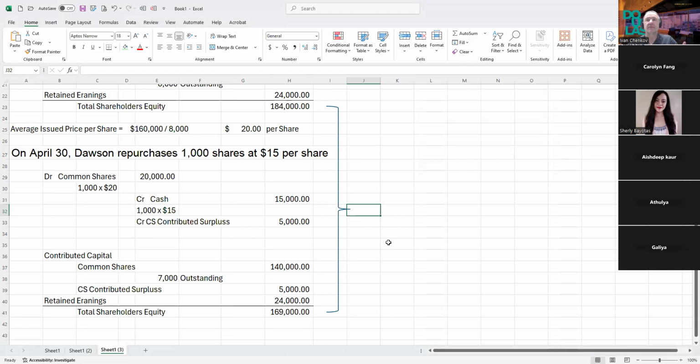Can you see it? From 184, we went down to 169. This one minus that one. That's a reduction in the equity, correct? What else do we reduce on the other side of the equation? Cash. How much? 15,000. Are we in balance?